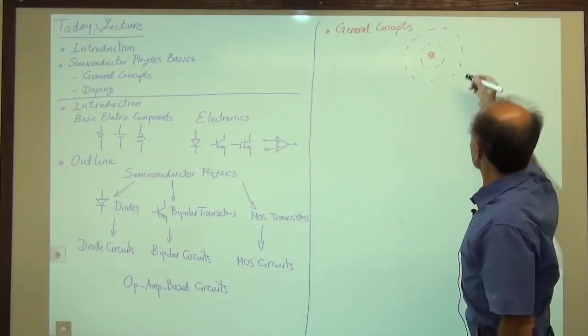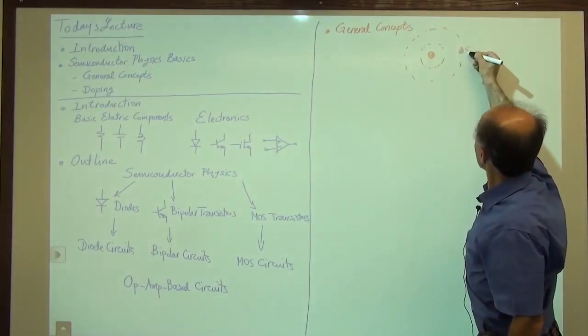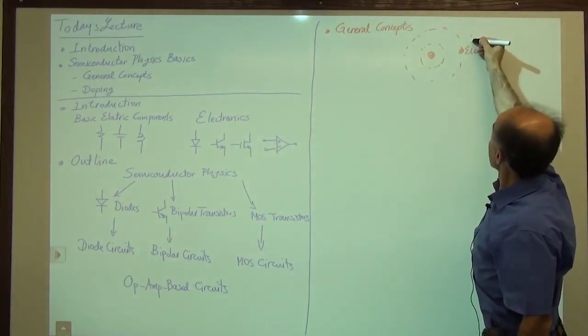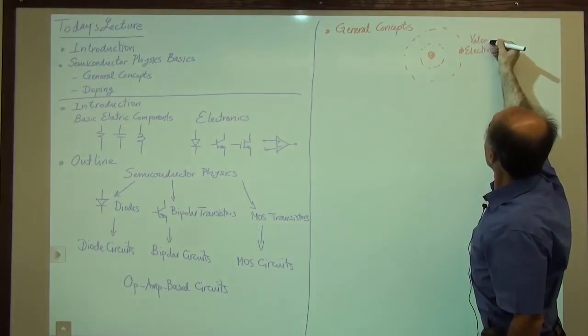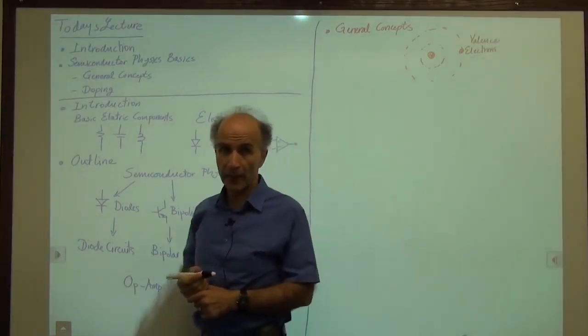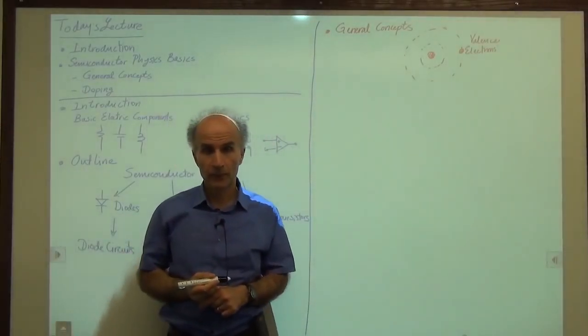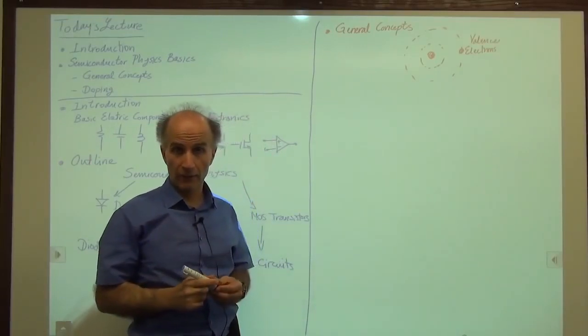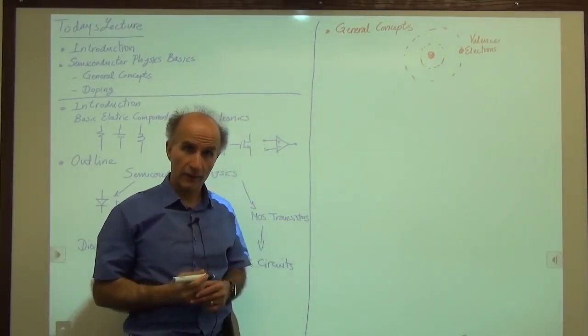All right, so these electrons out here, these are called valence electrons, the ones in the last orbital, the outermost shell. Different atoms have different numbers of electrons among their valence electrons.